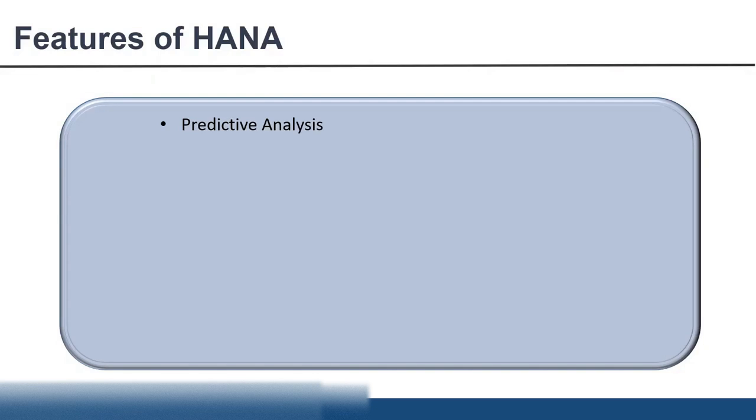HANA can then give them an analysis of what their production could be for this year, and what kind of sales they can expect this year based on the last few years of data. Because it is very important for any business to manage their inventory, especially if it is a sweet mart, as their products are perishable items.